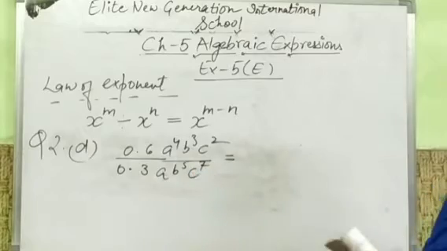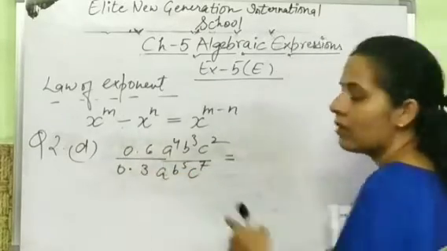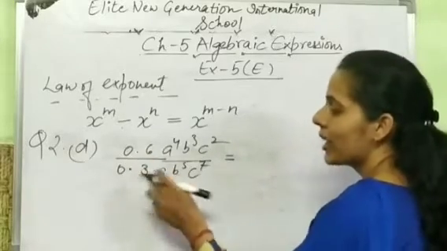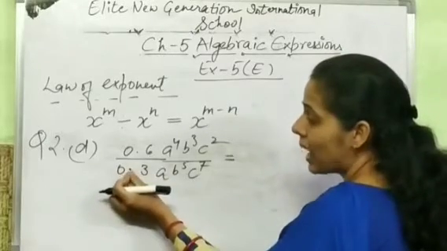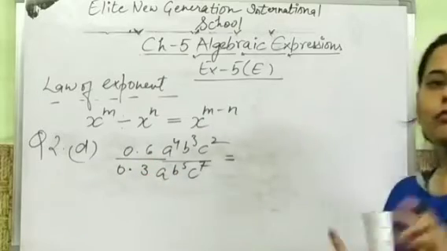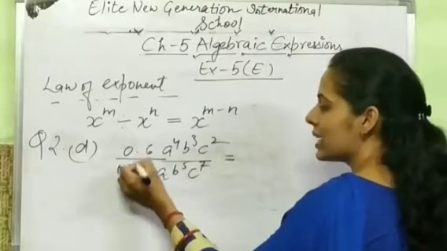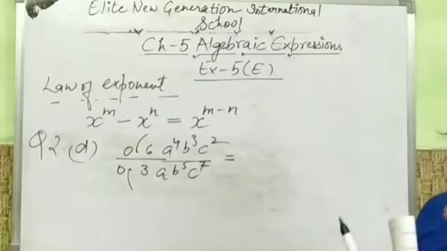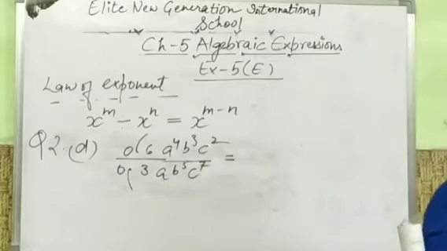First of all, in these two decimal numbers, the decimal point is at the same place, which means both numbers have one decimal place after the decimal point.